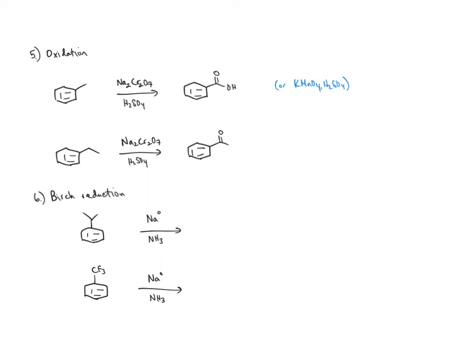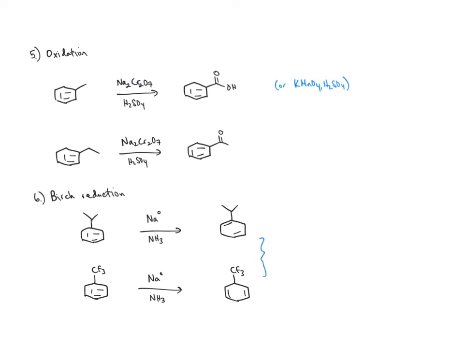And what you'll notice is that the distribution of products is a little bit different. So let me draw those products out. And what you'll notice is that the double bonds are at different positions depending on whether it's electron donating or electron withdrawing.